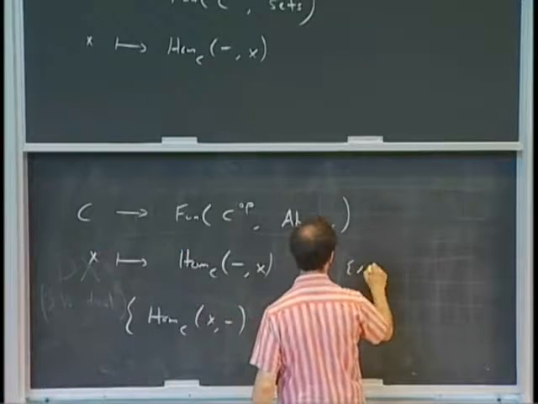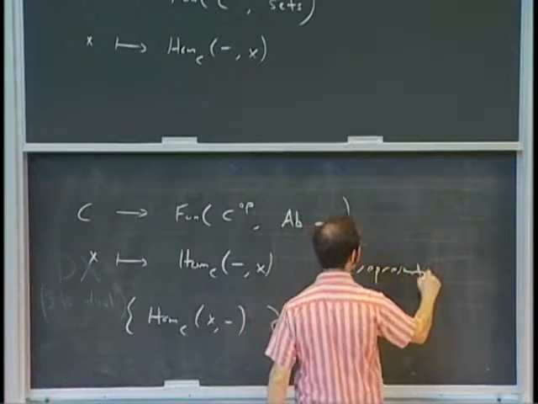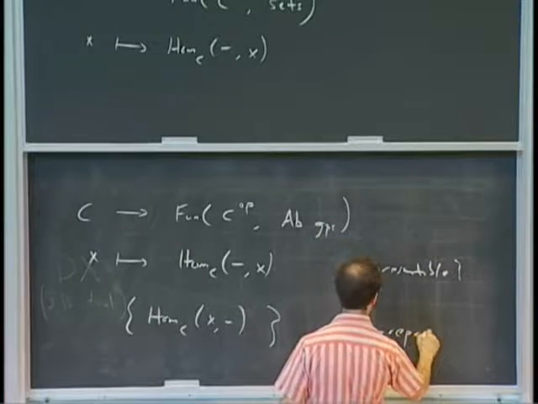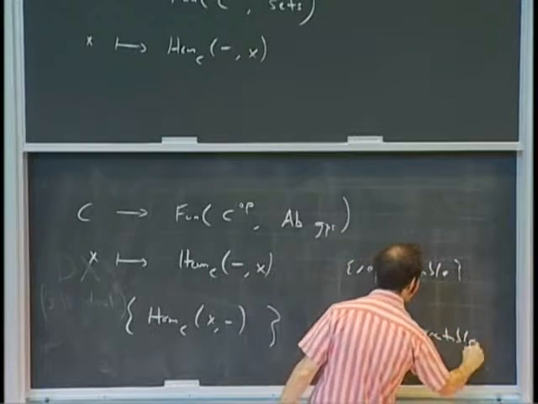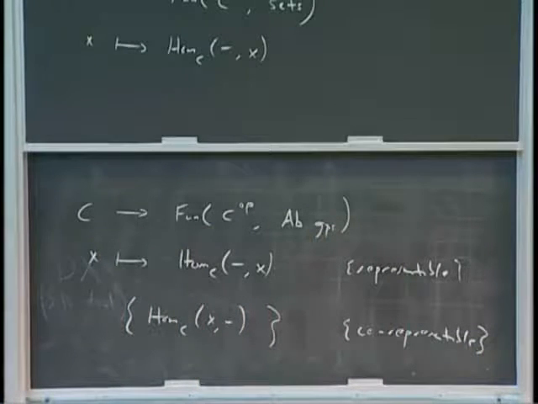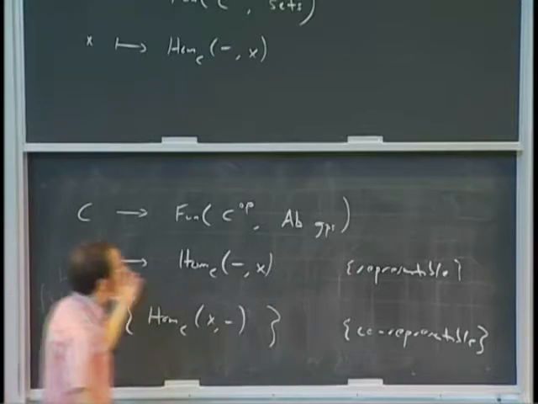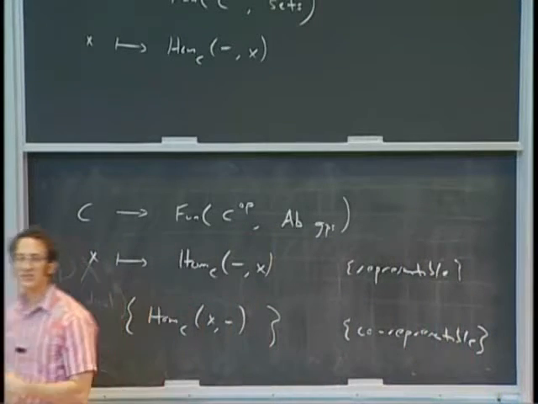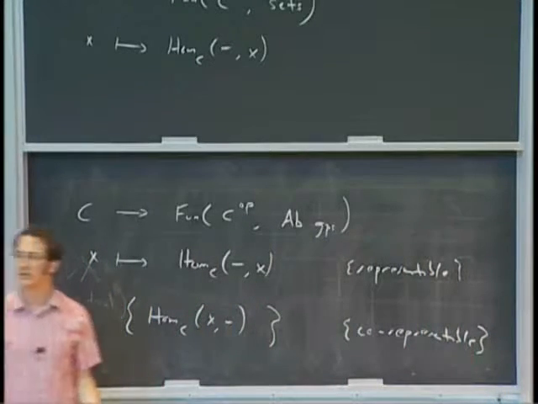Maybe I'll give these names. These are representable. These are co-representable. And let me give you some, so this is a very beautiful construction, and let me give you some algebraic motivation for what this is. So another way to talk about having an enrichment in abelian groups is to say that you're a ring with many objects.